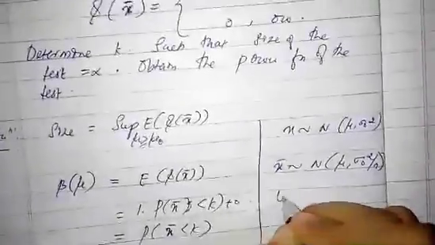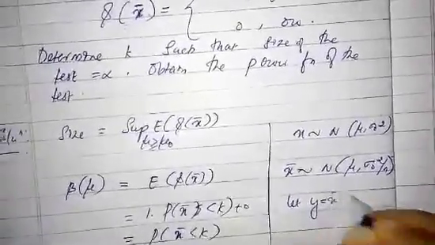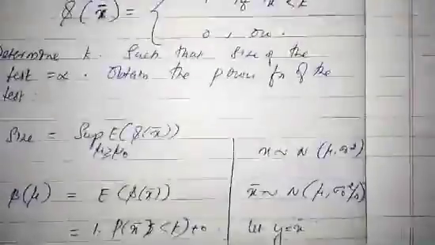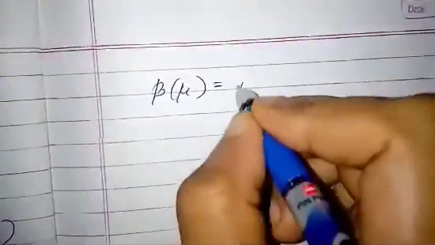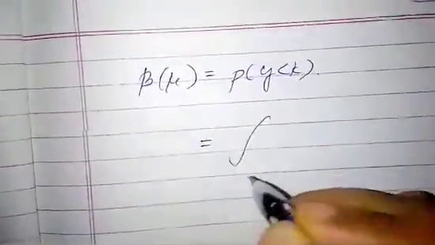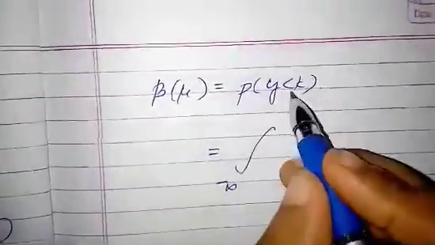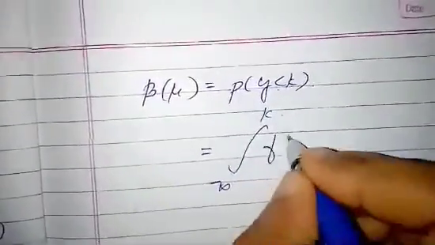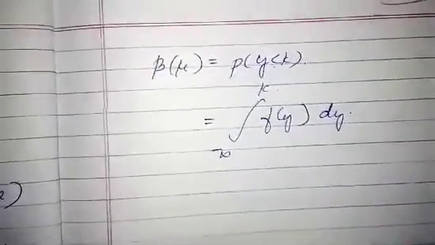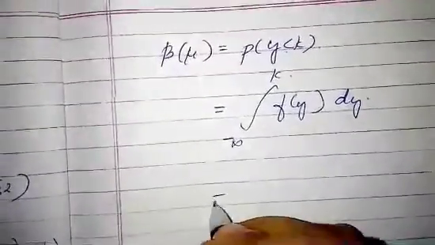Okay, then here we let y equal to x bar, which implies probability of y is less than k. That is, we can write beta of mu equal to probability of y is less than k, which implies integral with lower limit minus infinity, upper limit k, f of y dy. Now what is f of y?